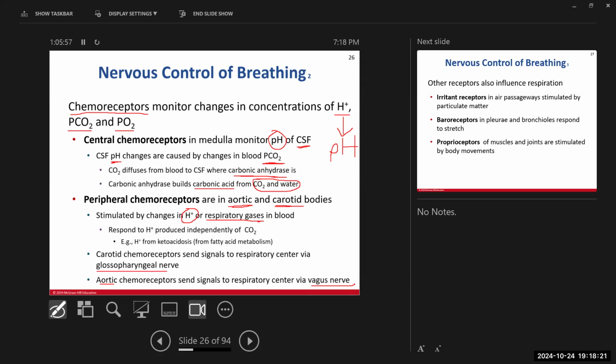The levels play very important roles in how your respiratory system is going to compensate. And again, we learned what happens if your blood becomes too acidic. You can start to get protein denaturation, so now enzymes start to become useless, and a lot of physiological processes become very difficult to achieve. And of course, it can ultimately result in death, and a lot of other bad things can happen there.